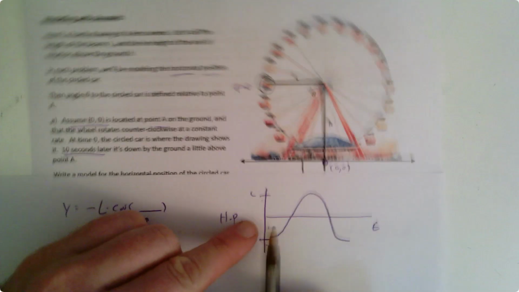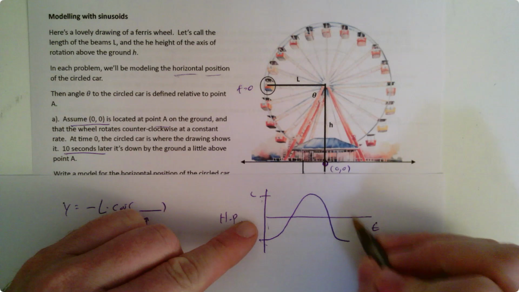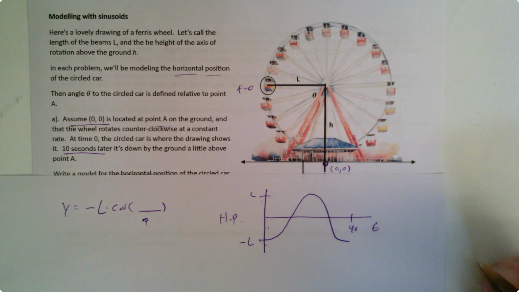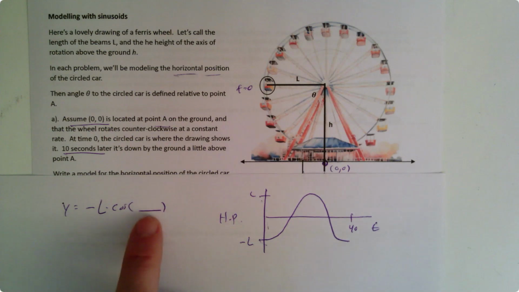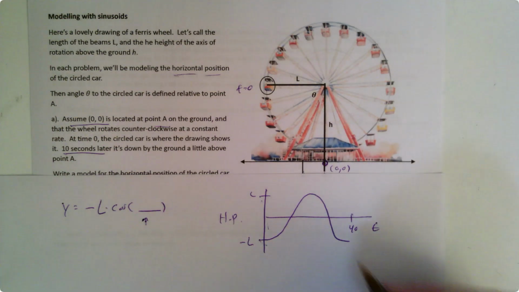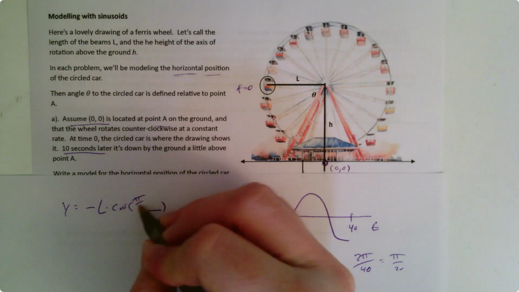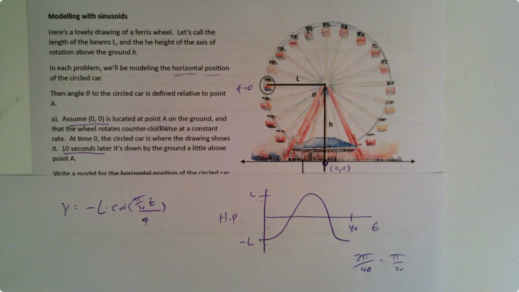So what that means is that my full wave here takes 40 seconds. Remember that that's the period, because it's the length of my wave, but the period doesn't ever appear in the equation. Instead, it's the frequency. So the frequency is going to be 2 pi over the period, which is just pi over 20. So this could be pi over 20t. Okay.